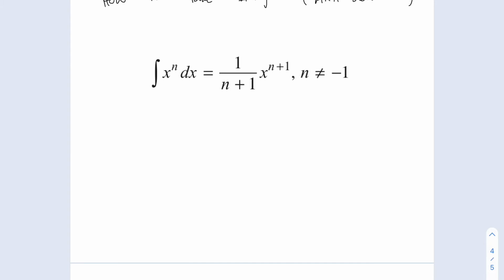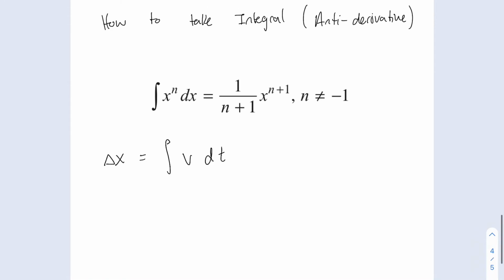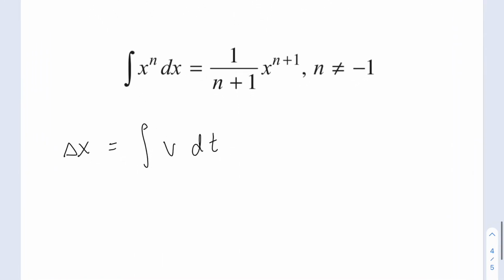All right, so let's try this on the function that we have so that we can get displacement. Okay, and we're going to follow this notation here. So displacement, delta x, equals the integral of our function for velocity, v dt. Okay, and I should note here, to go along with the notation, on the top and bottom of your integral, you are putting your initial value and your final value.